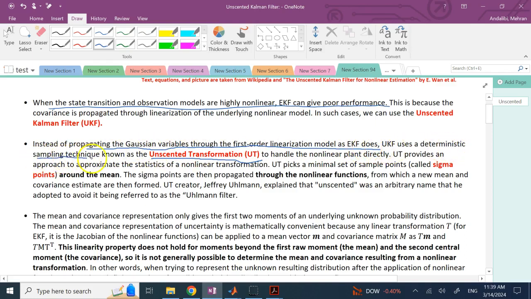It uses a sampling technique, which we call the unscented transformation, okay? And by that sampling technique, it handles the nonlinearity directly. How does it do that? It picks, and I'm going to go through the mathematics, a bunch of sample points, which we'll later call sigma points, around the mean of the prior information.